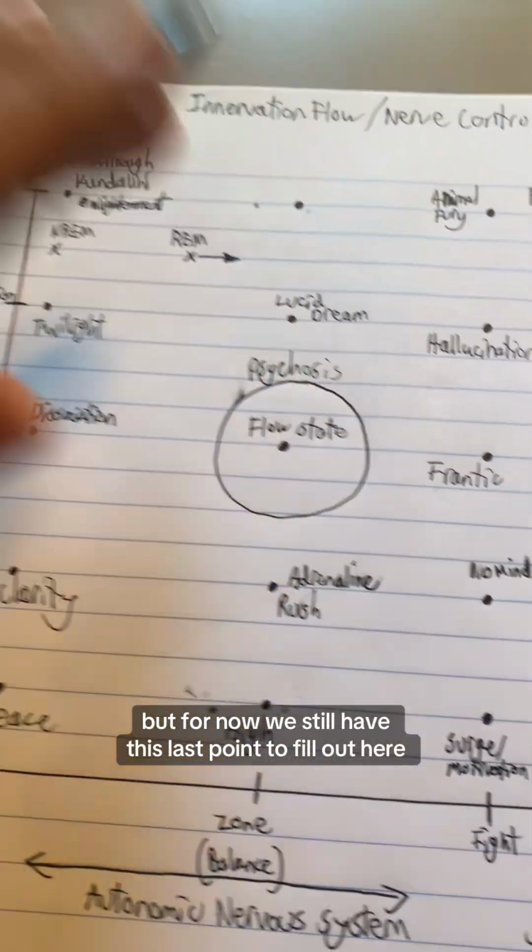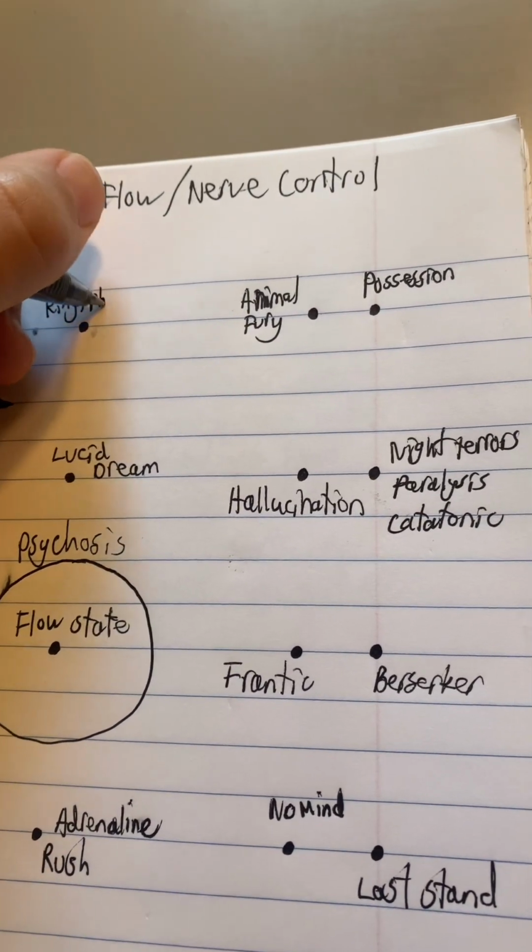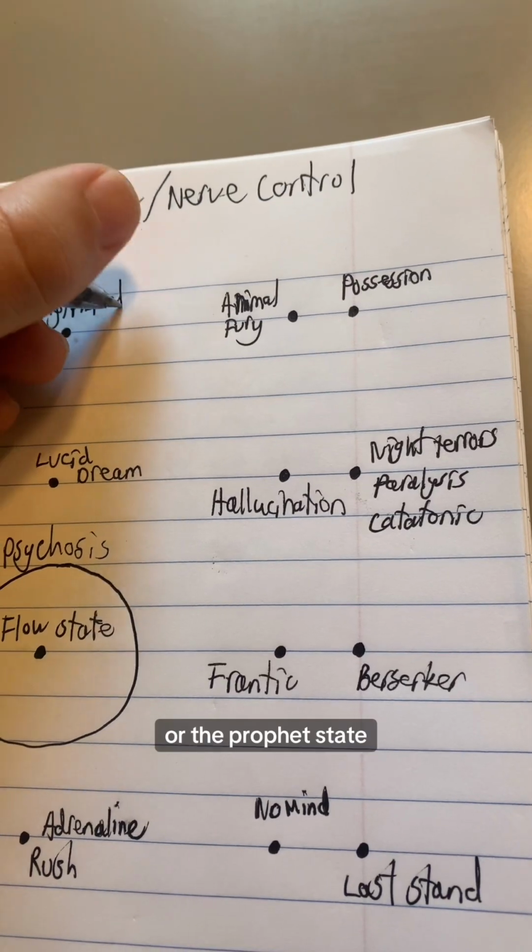But for now, we still have this last point to fill out here, which is the king or the prophet state.